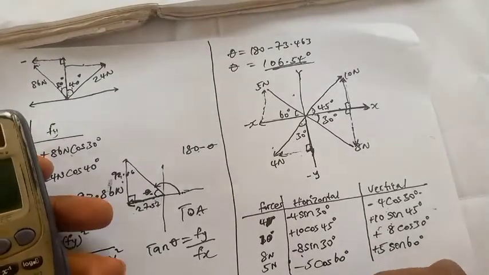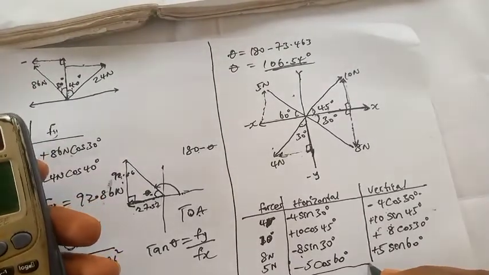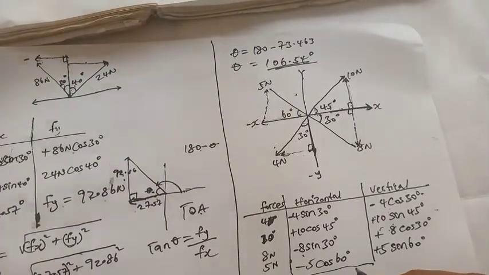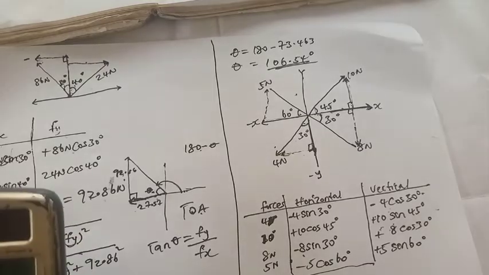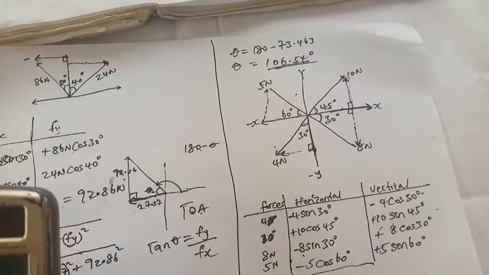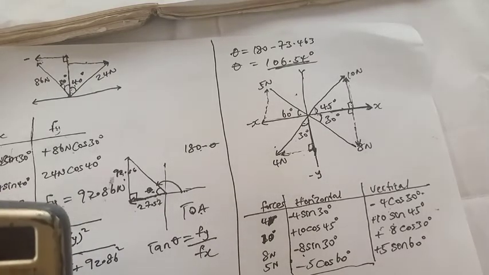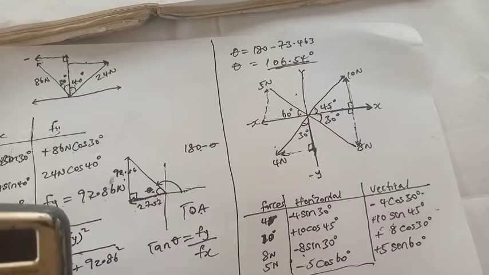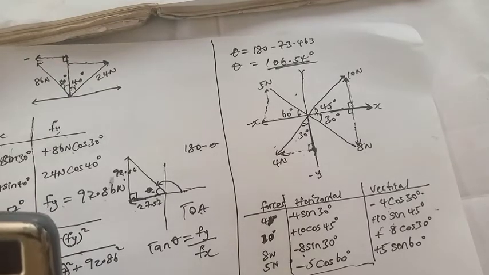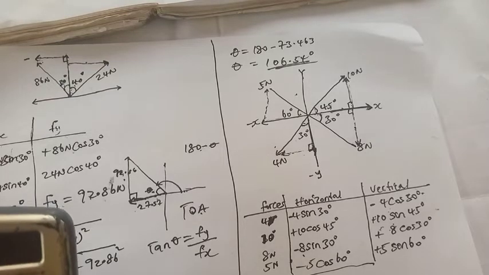So let's punch our calculator. So let's sum the horizontal components. So we have negative 4 sine 30 degrees plus 10 cosine 45 degrees minus 8 sine 30 degrees minus 5 cosine 60 degrees.